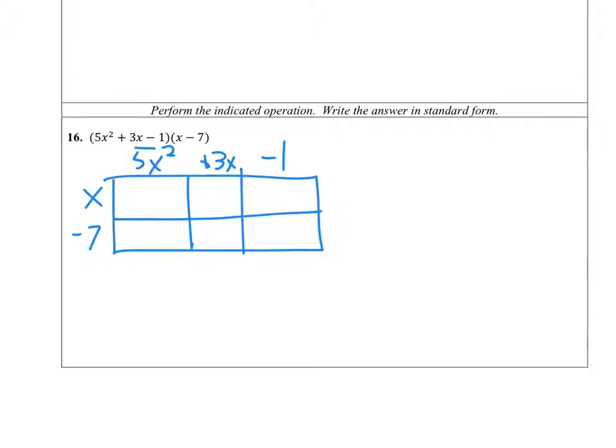Be real careful when you multiply, and make sure you pay attention to signs. If it's x times x, remember that's going to be x squared. So be real careful, and then remember to combine your like terms. But also remember, the first box and the last box should not have any like terms. They should be loners, and they will automatically go into the answer.